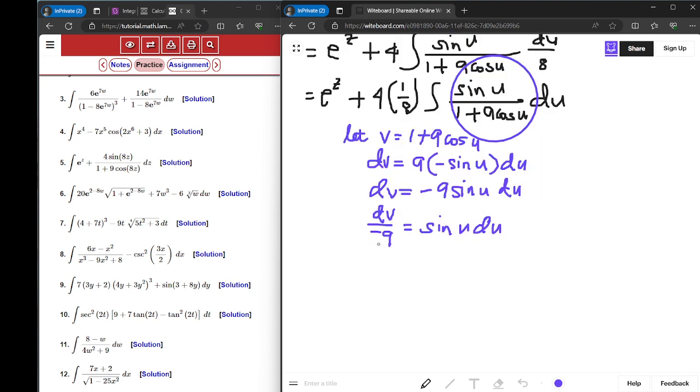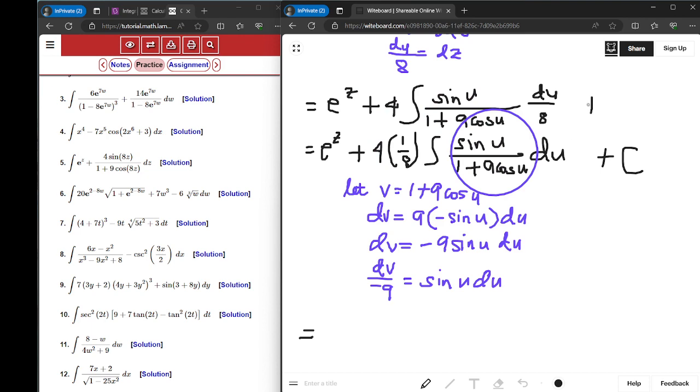All right, moving on. We'll have plus c here, since we already have integrated e to the z, so we'll just put plus c.